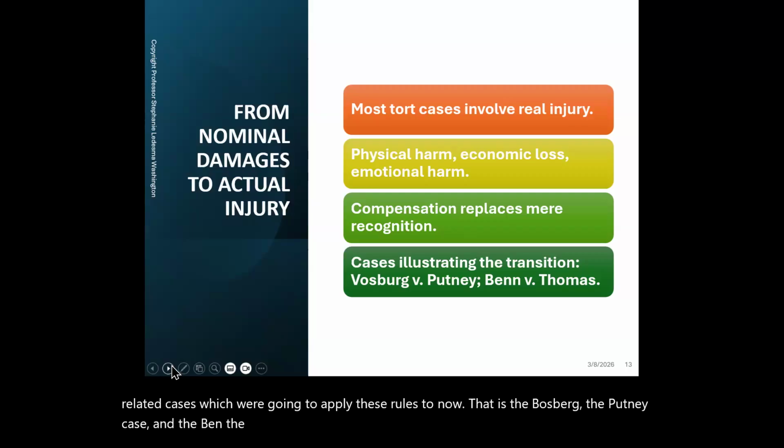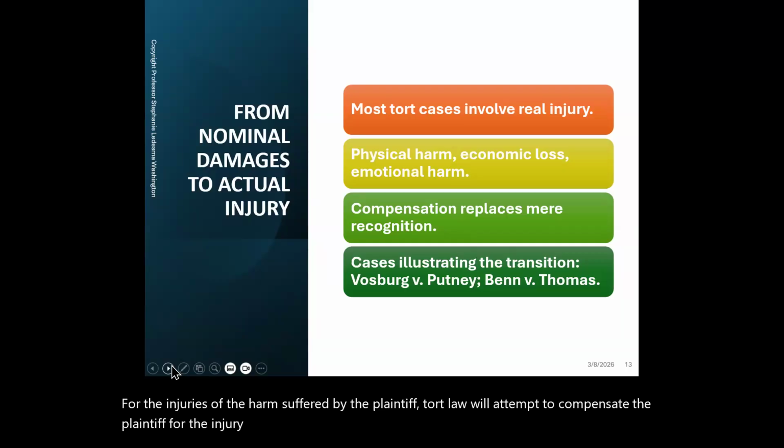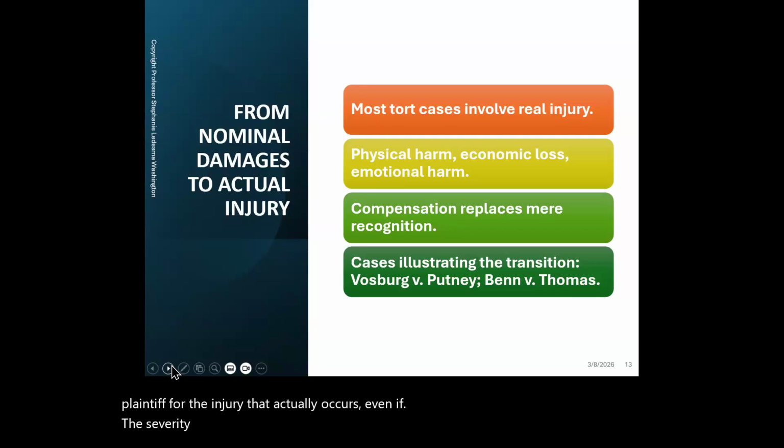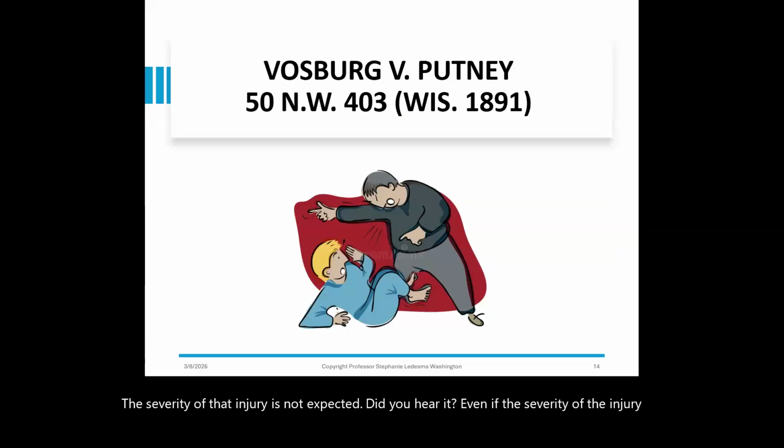Both of these cases teach that once the defendant is found to be legally liable for the injuries or the harm suffered by the plaintiff, tort law will attempt to compensate the plaintiff for the injury that actually occurs, even if the severity of that injury is not expected. Did y'all hear it? Even if the severity of the injury is not expected. What did I just tease up?